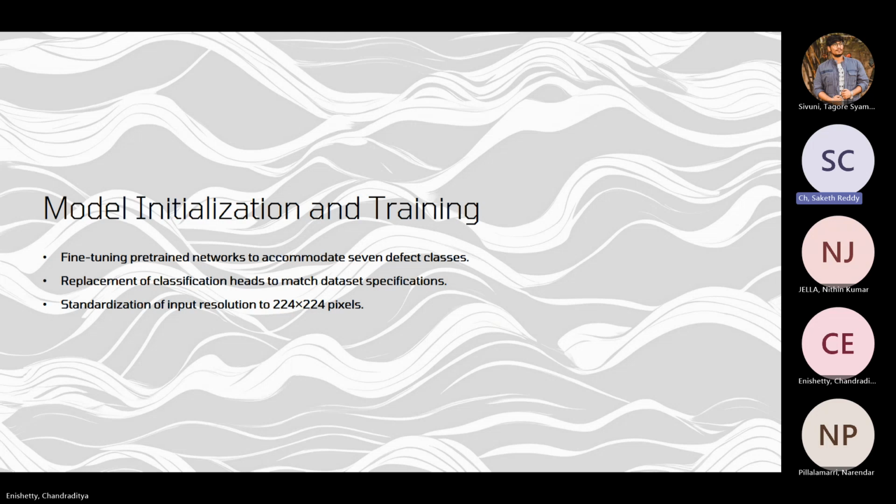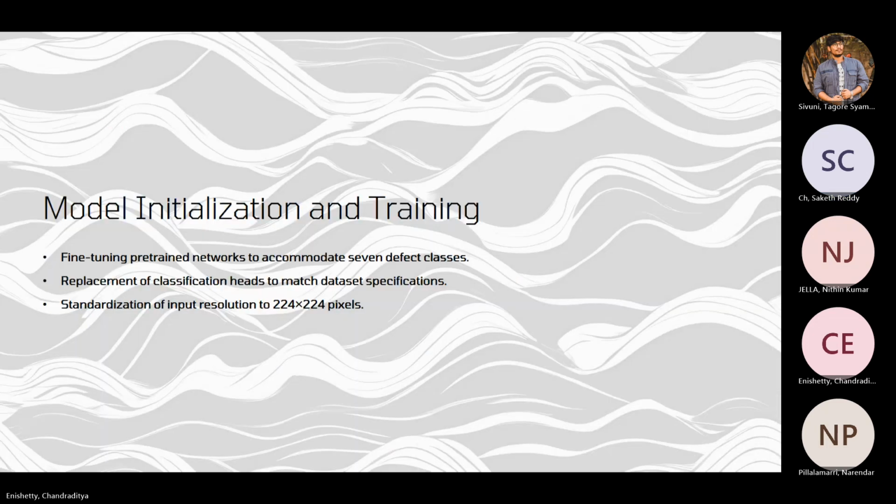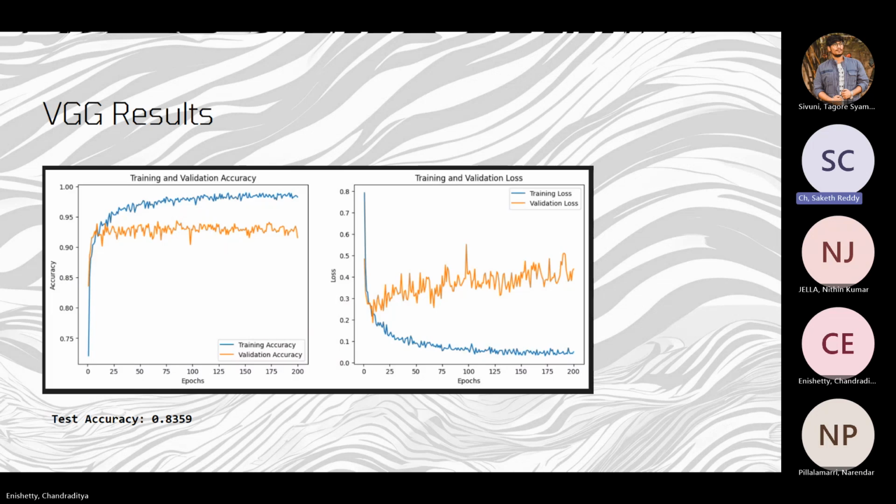With key configurations: the optimizer we used is Adam, the learning rate was 0.001, the batch size was 32, and the number of epochs was 50. We evaluated the models using accuracy, precision, recall, and F1 score.